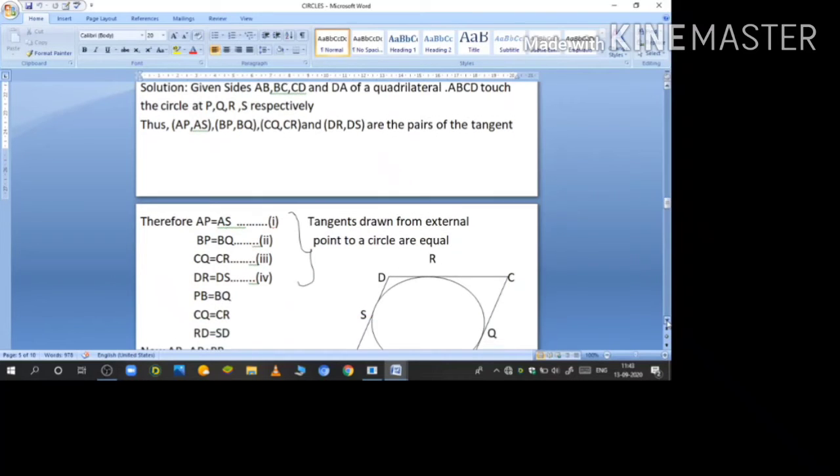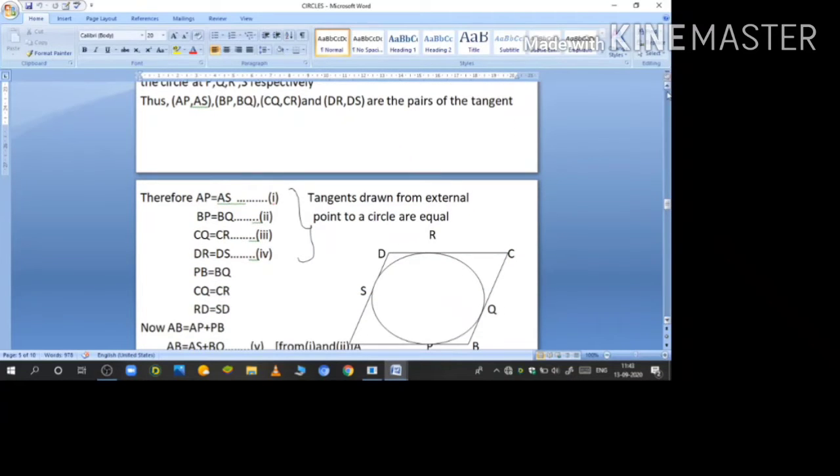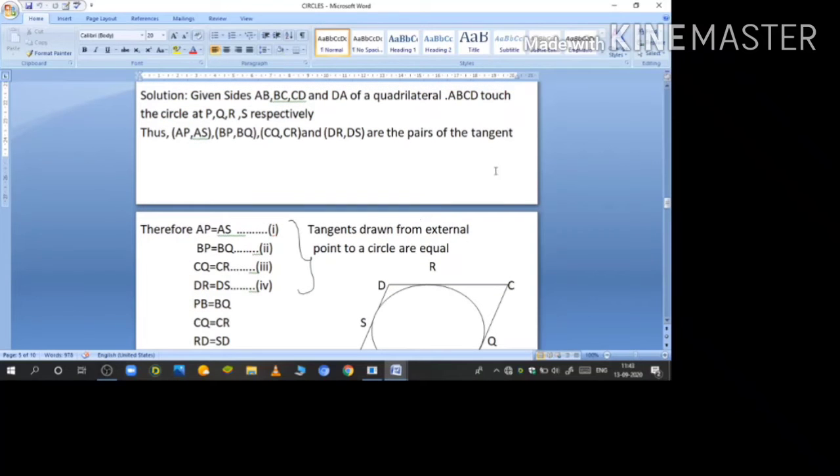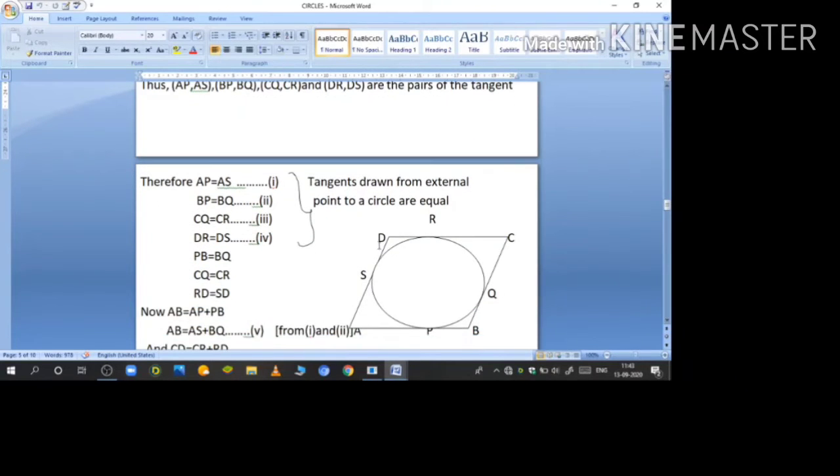So solution: given sides AB, BC, CD, DA of a quadrilateral ABCD touch the circle at P, Q, R, S respectively.